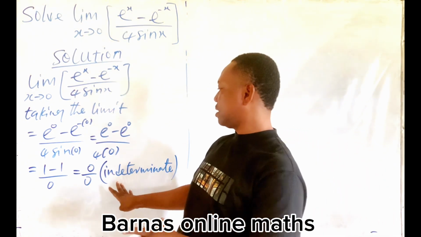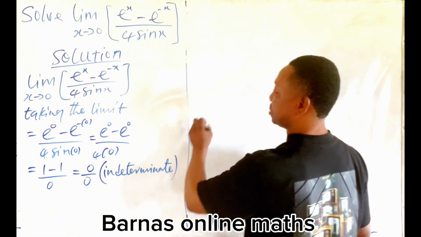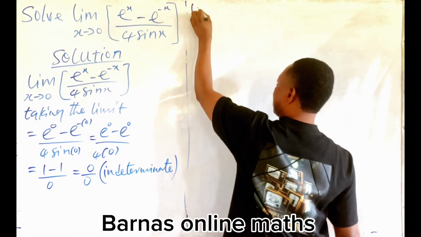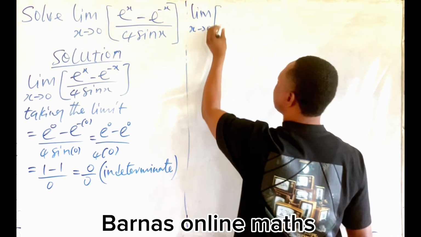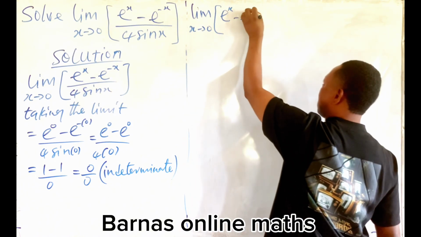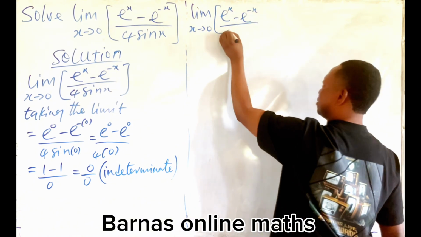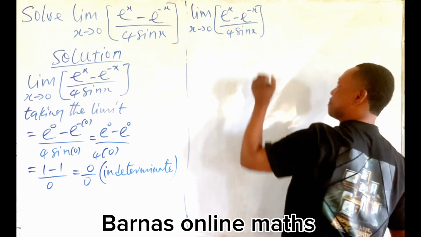Of course, the function that resulted in this is the given function, which is the limit as x approaches 0 of e to power x minus e to power minus x, all upon 4 sine x.